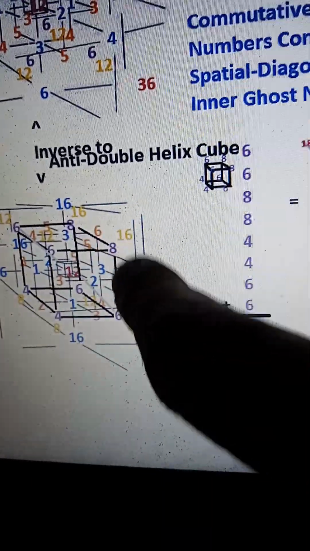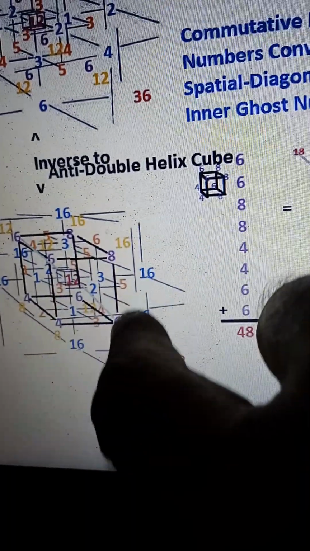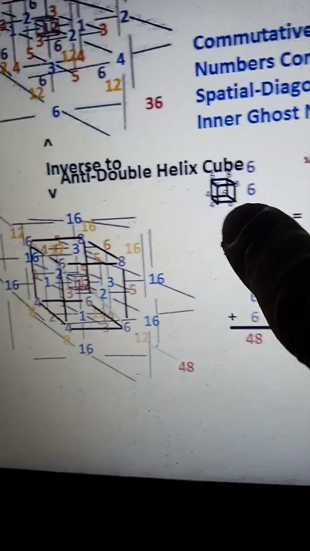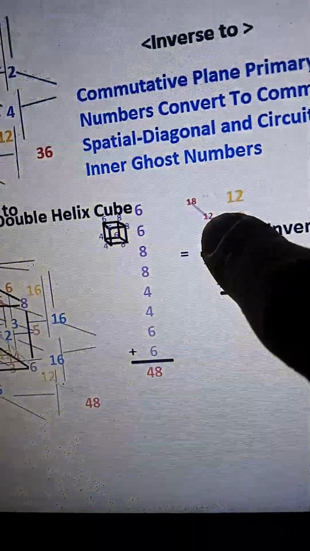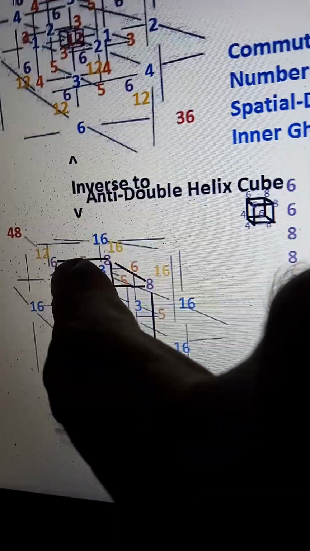What I showed is that the circuitous box alone of the inner ghost numbers, and these are just for the 3 primary numbers at each cubic octant, is equal to the spatial diagonals, which include the central ghost number. So it's 18 on both sides, 12 and 6.